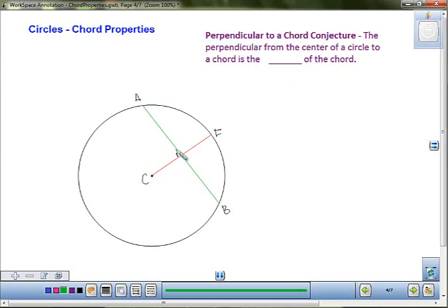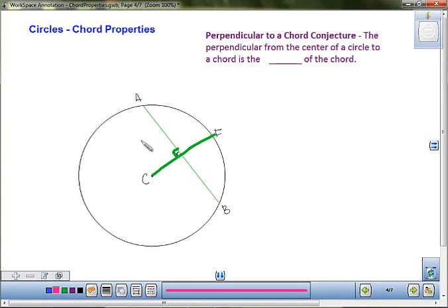So if I have this chord AB and I draw a radius, that means from the center to the edge of the circle, that creates a 90-degree angle, it is perpendicular, because that's what 90-degree angle means, and it bisects the chord. So it is the bisector of the chord. So when you draw your radius at a 90-degree angle with a chord, you are bisecting it as well, cutting it in half.